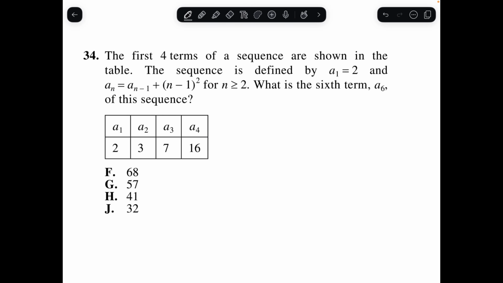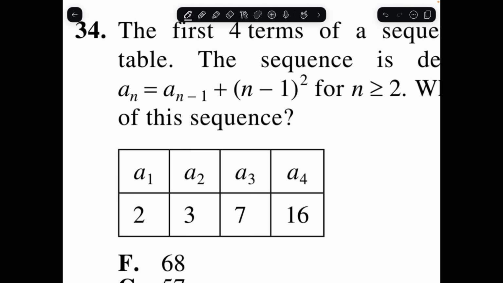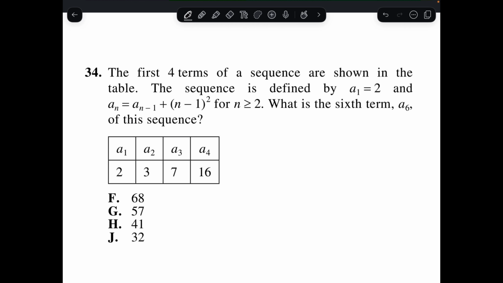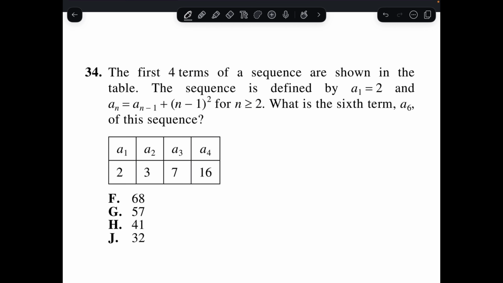So my first instinct for this problem is, we have this recursive formula here, an equals an minus 1 plus (n minus 1) squared. To figure out the sixth term, let's just plug in 6 for n into this recursive formula.